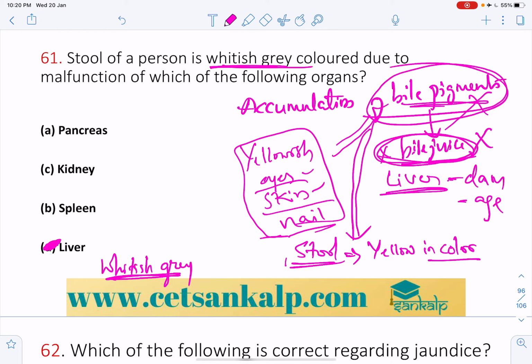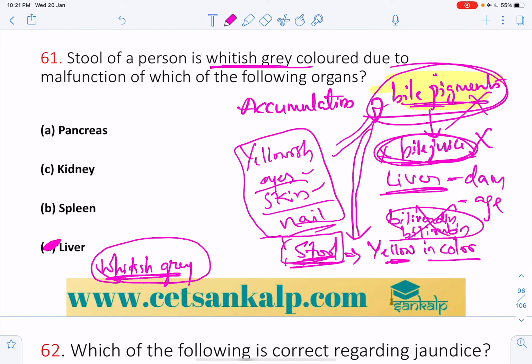The yellow color characteristic of stool is very much due to the presence of these pigments, mainly biliverdin and bilirubin. So these are responsible for the yellow color. If they are absent, the stool becomes whitish gray, that is, the liver is damaged.